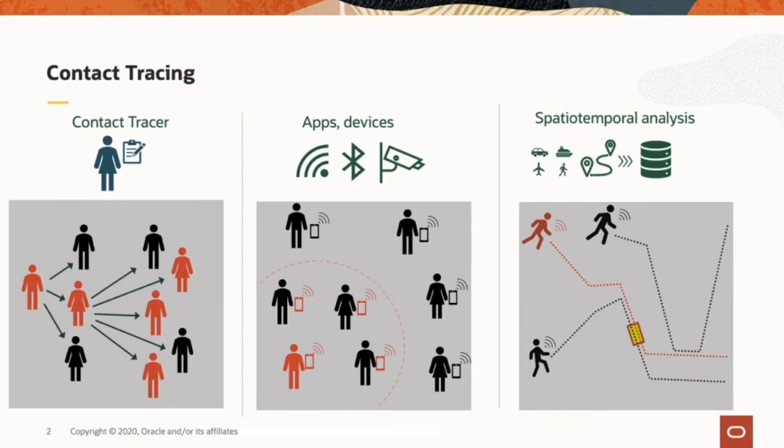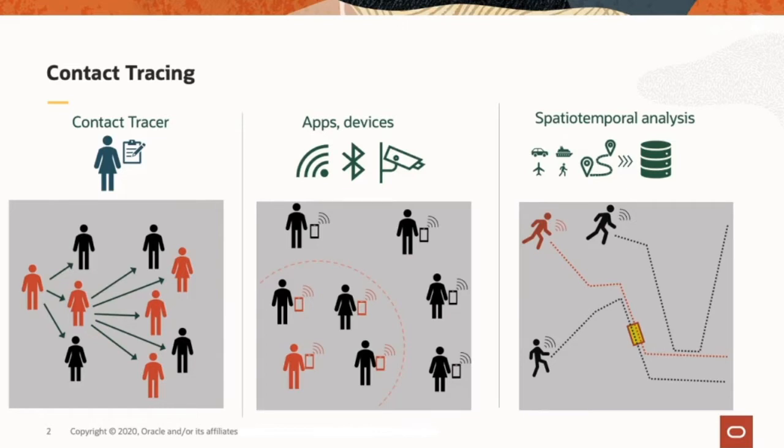And we're all very familiar with the traditional notion of contact tracing facilitated by contact tracers, really people that are canvassing and interviewing and monitoring who was with who, and following that chain of connection through the action of contact tracers.